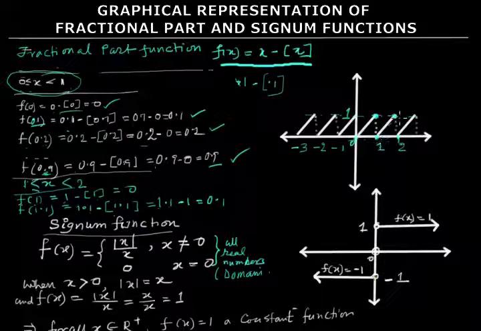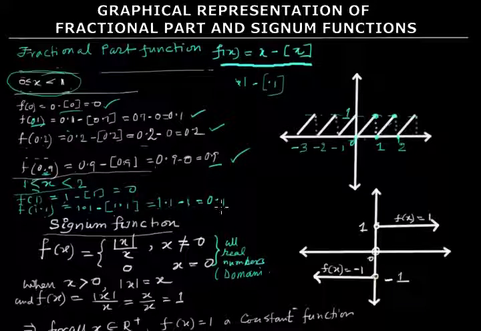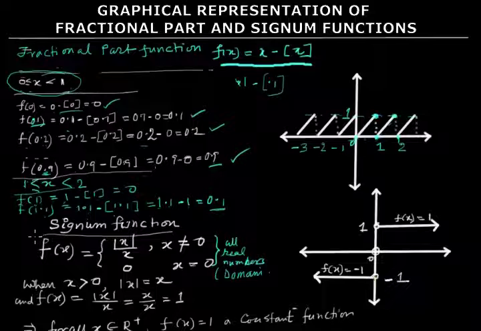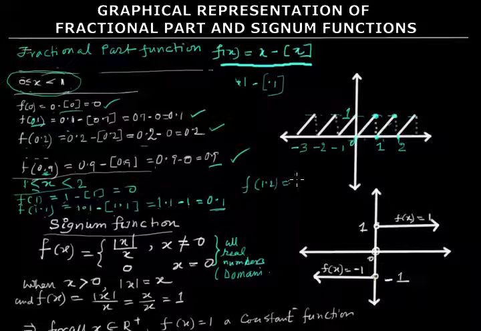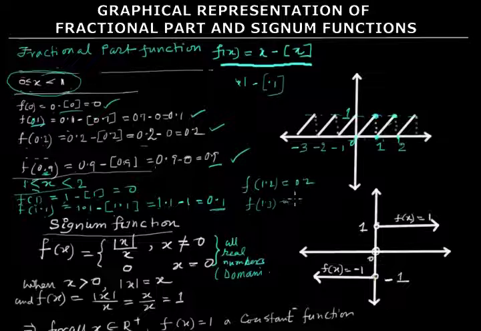From 1 to 2, again it behaves similarly. f(1) is 0. For 1.1, f(1.1) is 1.1 minus 1, that is 0.1. Similarly, if it is 1.2, then f(1.2) equals 0.2, and f(1.3) is 0.3.